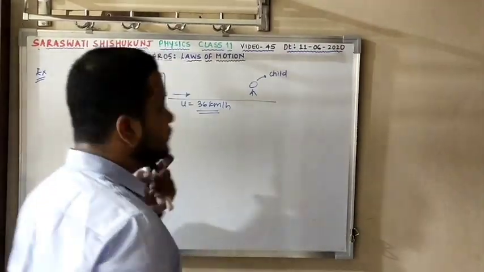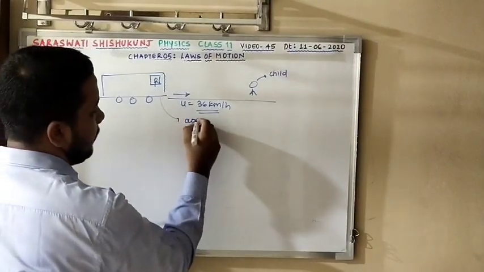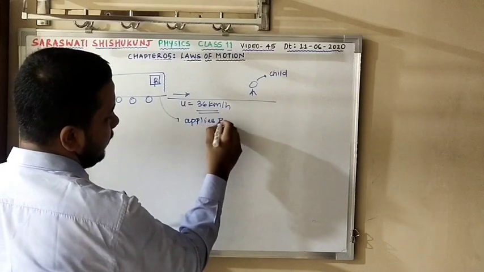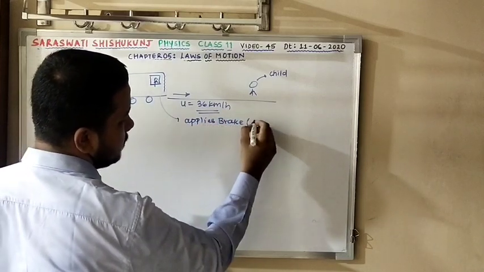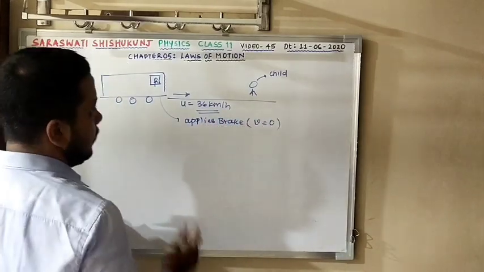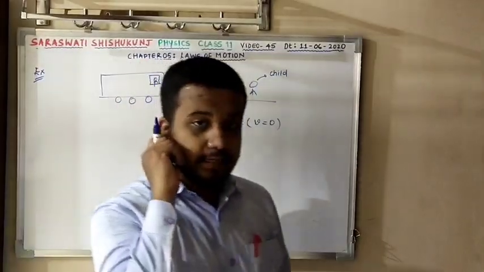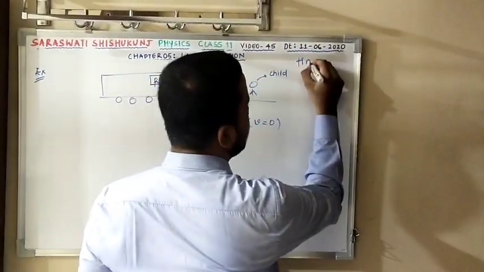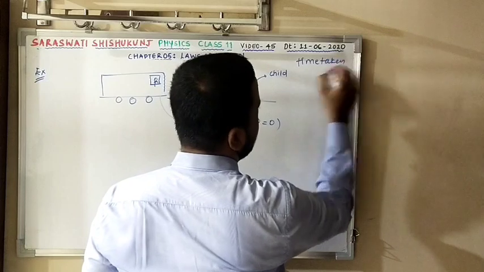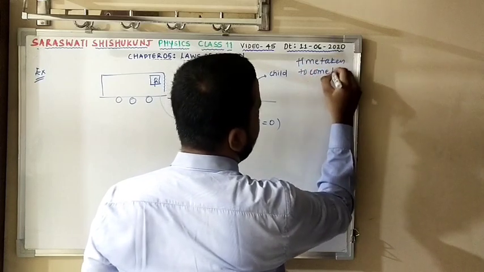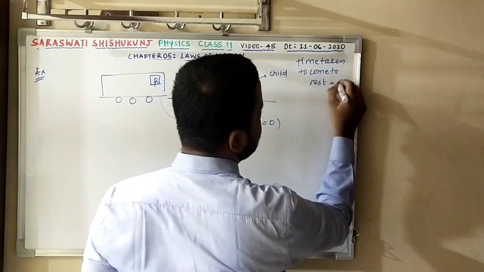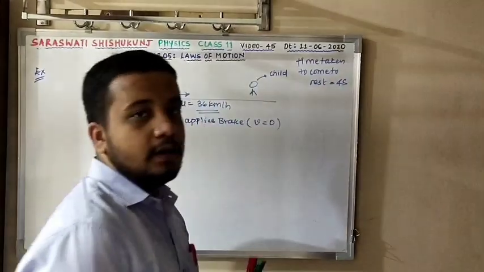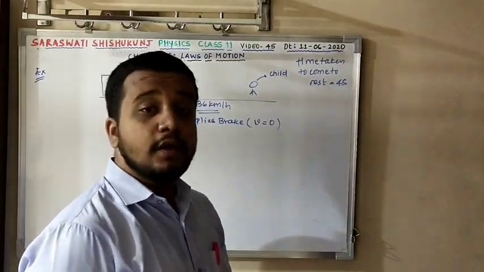Applies brake means their final velocity is how much? 0. Time taken to come to rest, that is how much? 4 seconds given in the question.